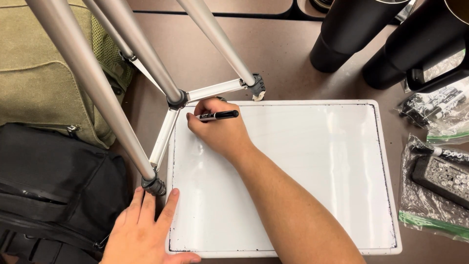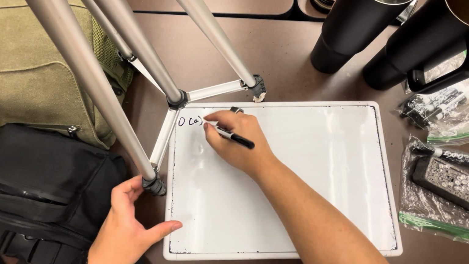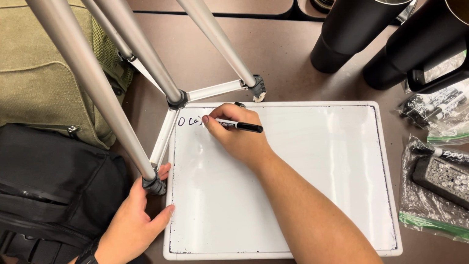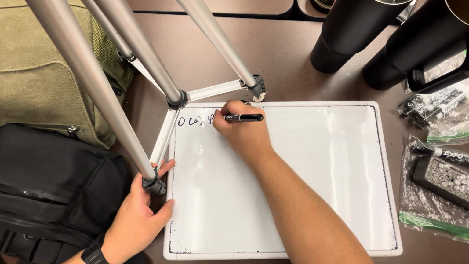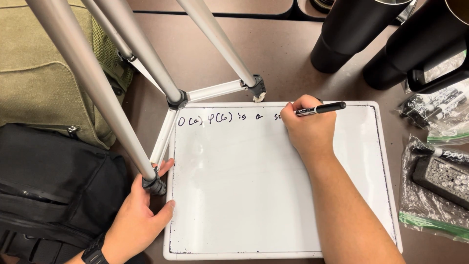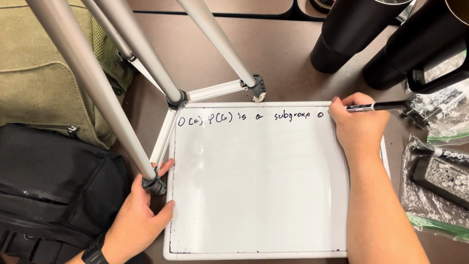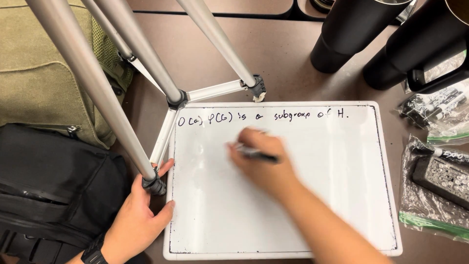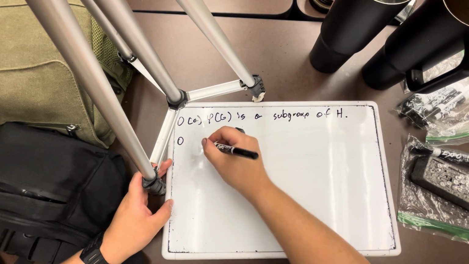Okay, so for part A, we want to see that φ(G) is a subgroup of H. So let's see if this is actually the case.